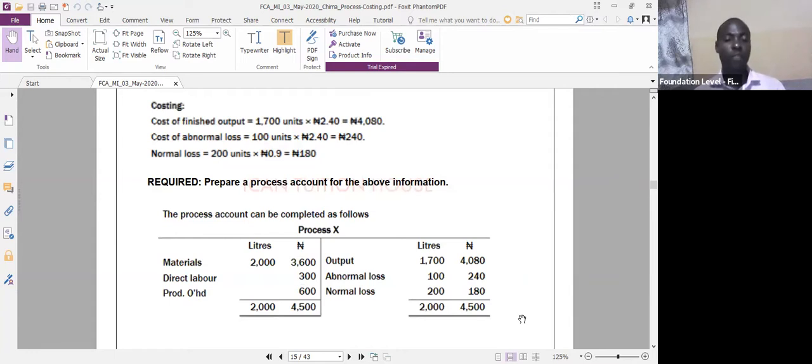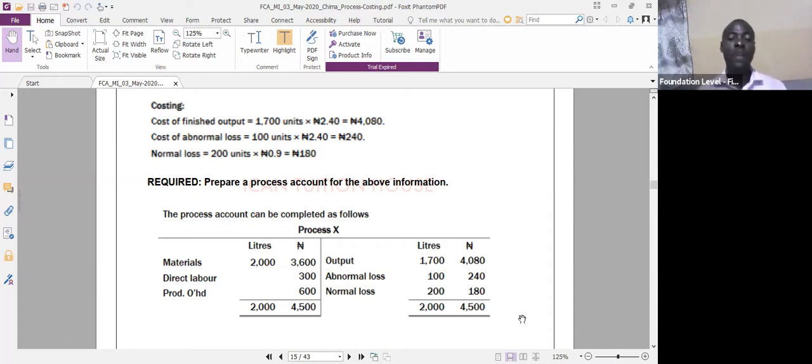But let's watch. The materials on the left-hand side was input materials 2,000. And look at the conversion cost, 600 plus 300, 900. Okay. Then we go to the process output. The actual output is what is being recorded as output here.